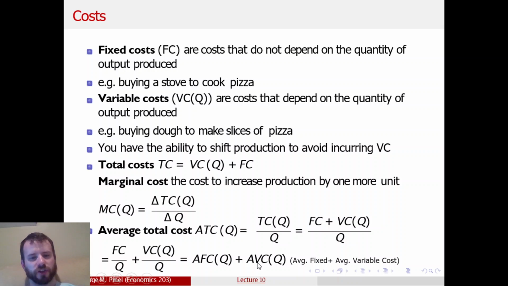You can decompose the change in total cost: if quantity goes from 1 to 3, it's VC3 minus VC1 divided by 3 minus 1, because the fixed cost is not dependent on quantity. And finally, you have your average total cost, which is equal to your average fixed cost plus your average variable cost.